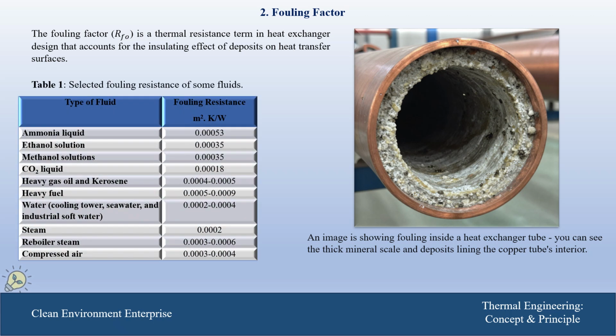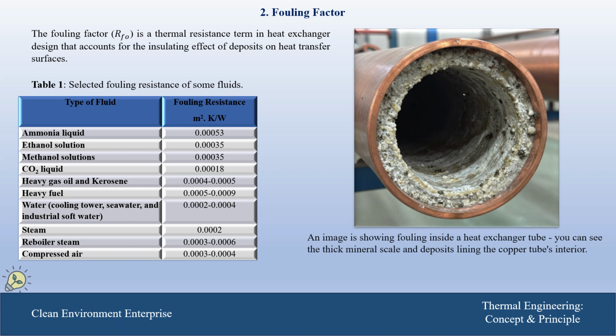These resistances can usually be found in tabulated form as shown in this example. We have fouling resistance in units of meter square Kelvin per watt.